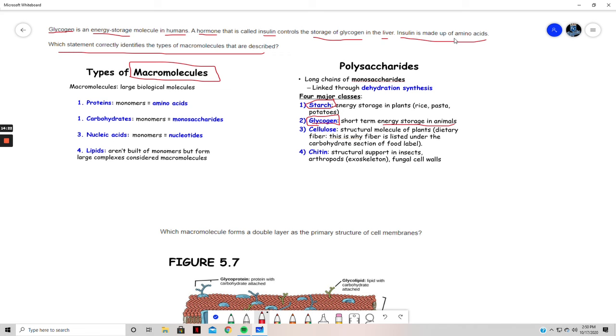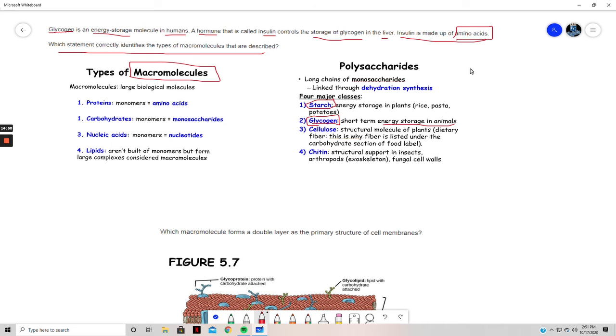So the amino acids in insulin are monomers. In other words, they are simple molecules, individual molecules, that make up something larger. When they are monomers, they are individual, and when they're combined together making a molecule, that would be a polymer, a long strand or a long string.